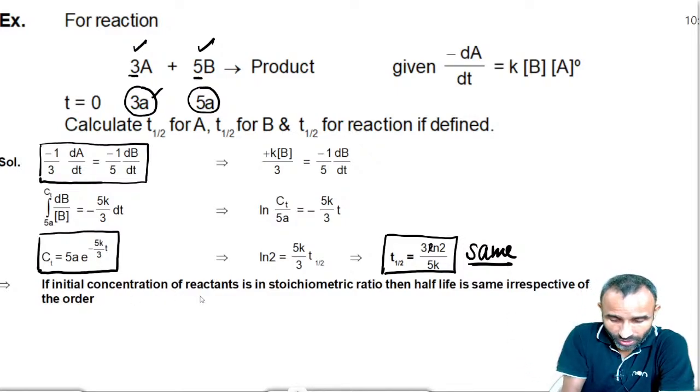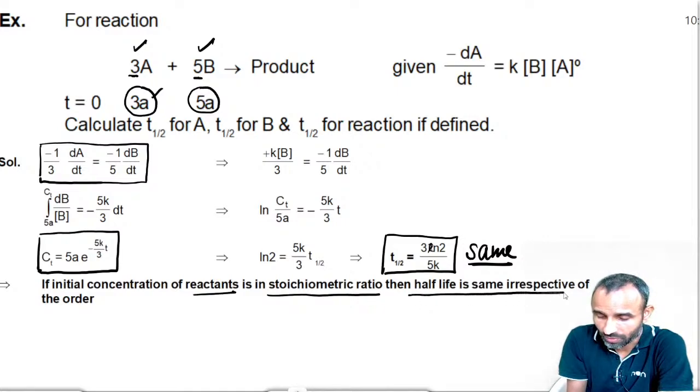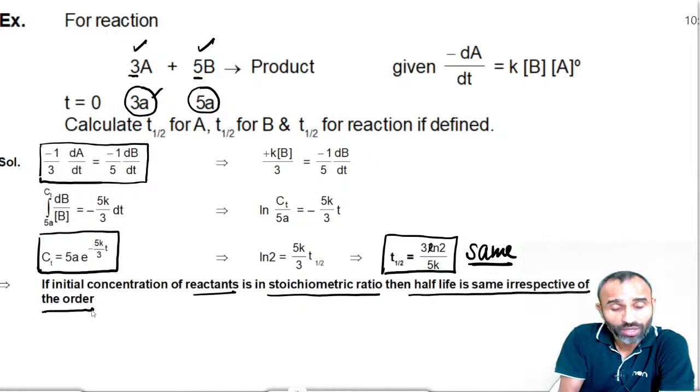See, if initial concentration of reactant is in stoichiometric ratio, half-life is same irrespective of the order.